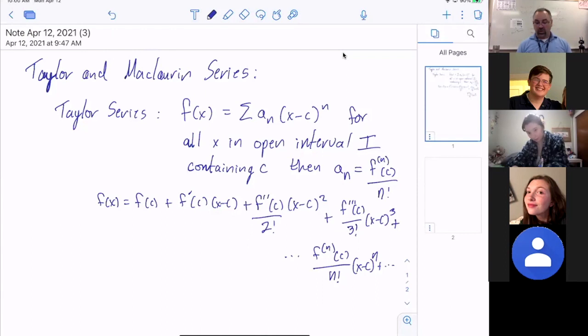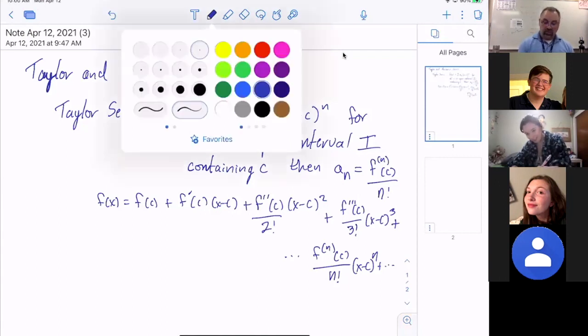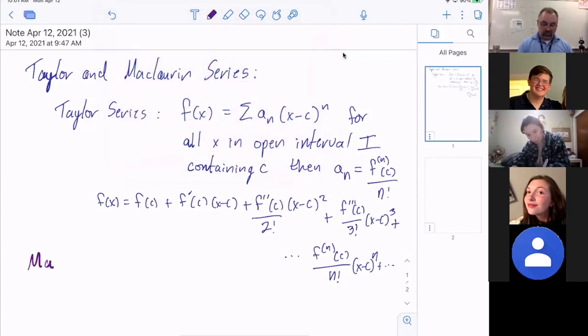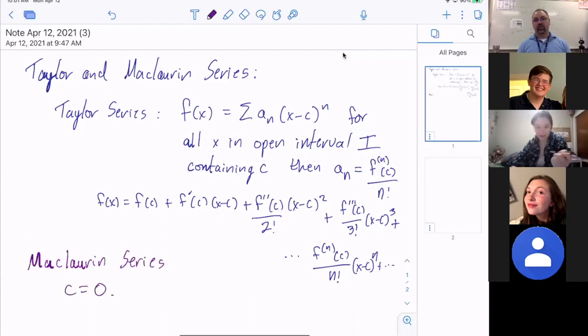And that is our Taylor series for f of x centered at C. Now, of course, you already know that a Maclaurin series is when C is 0. So we just center it at 0, and you get what we call a Maclaurin series. Okay? Easy peasy.